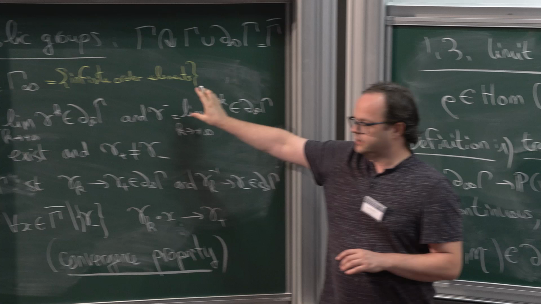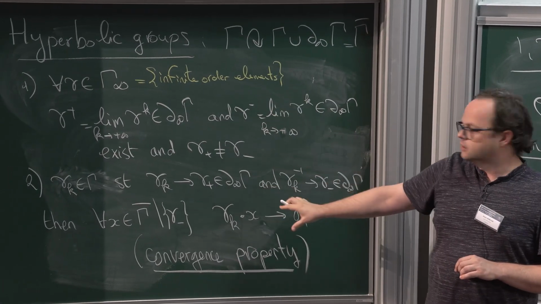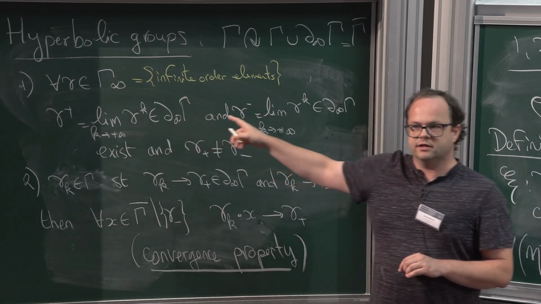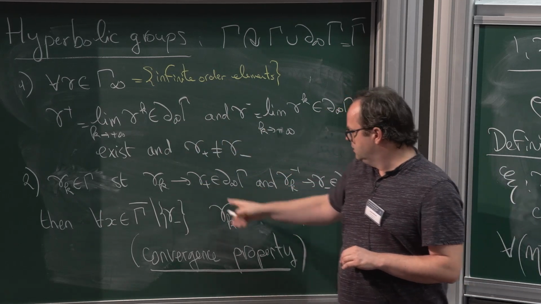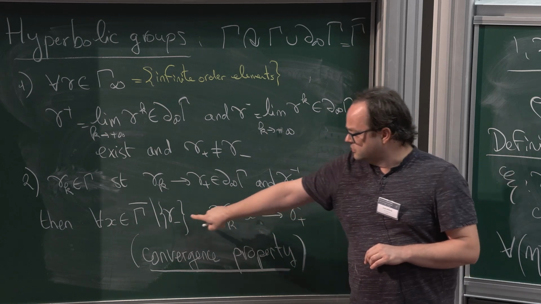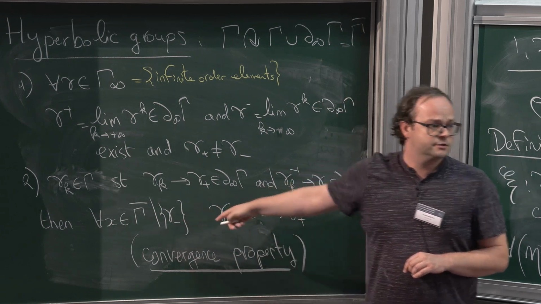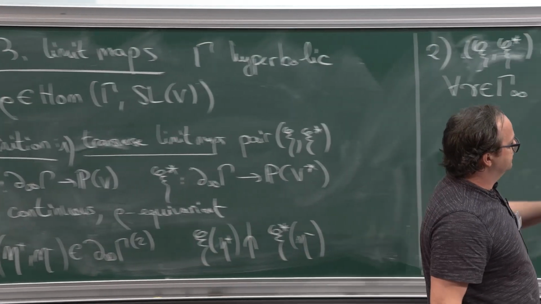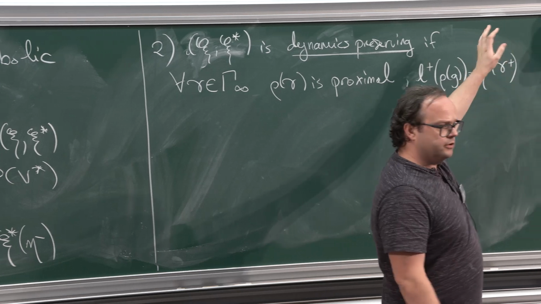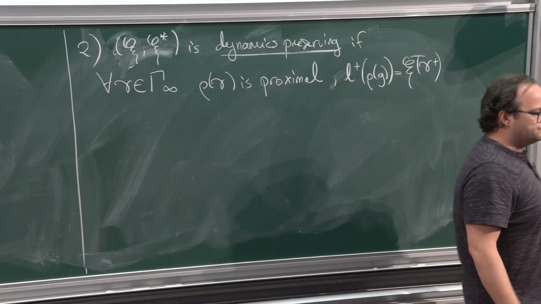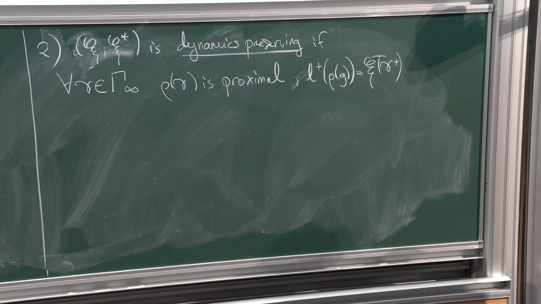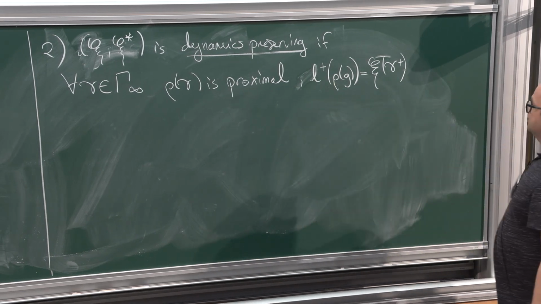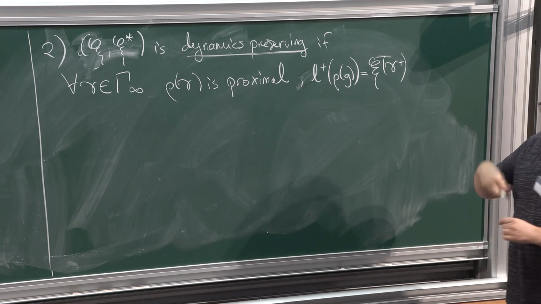Because for hyperbolic groups, when the sequence is just the powers gamma k, it's saying that when you let the powers of gamma act on any point except possibly for this repelling point gamma minus, the action will converge to gamma plus. Right? So really, gamma plus is an attracting point in the boundary of gamma, and gamma minus is a repelling point, and we're asking those to be mapped to an attracting point in the projective space, and the other one to a repelling point, but in the dual projective space.